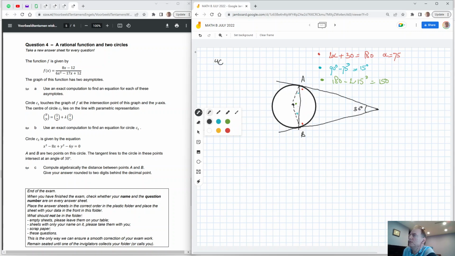So let's call this angle alpha. Oh, I already used alpha. Beta.